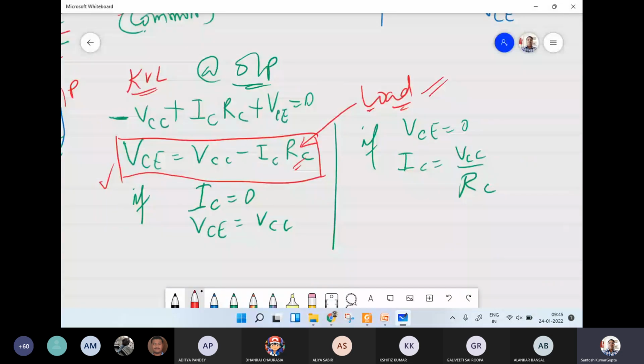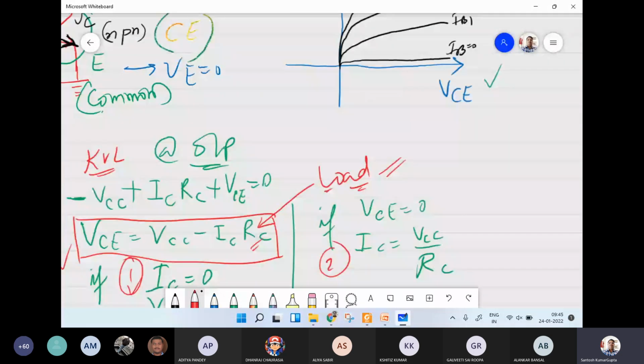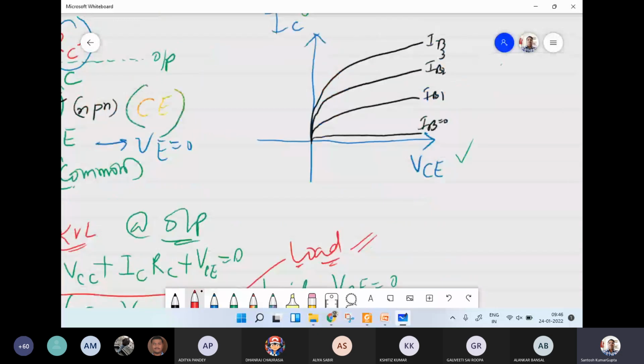So to draw this load line, we take two extreme points. One is IC equal to 0, and another is VCE equal to 0. So when VCE is equal to 0, we have the maximum current VCC upon RC. We can calculate this for a value of supply voltage VCC and load value RC.